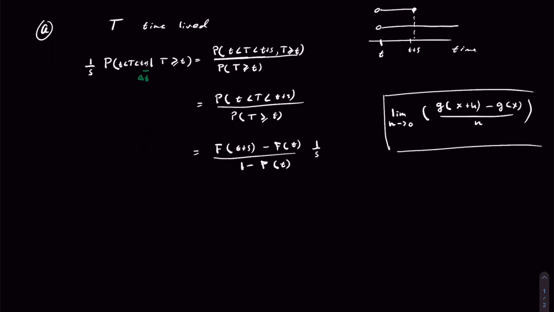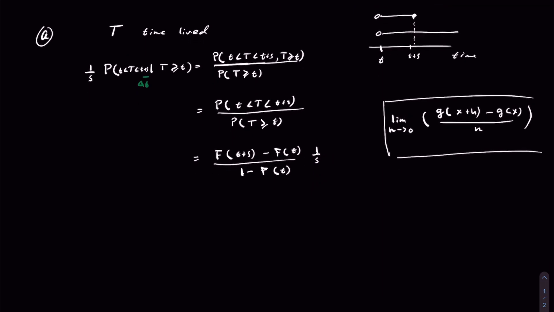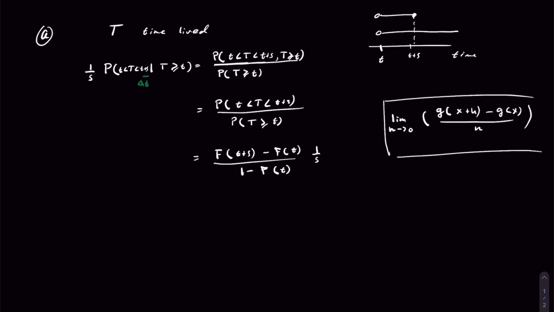All right, so now that we have divided both sides by s, now we take the limit. We let s go to 0 on both sides.